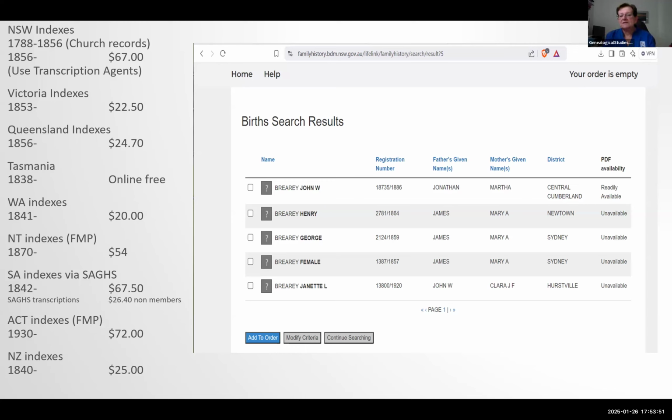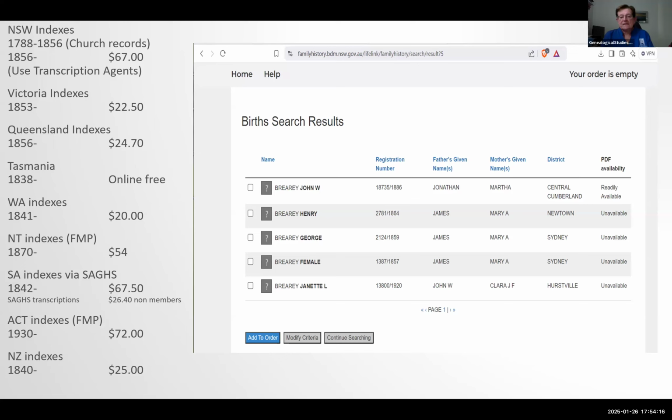You just go to the Tasmanian website and there they are. Also, all of the convict records, all of that online for free. Brilliant website. West Australian, there are indexes for West Australian, and their certificates cost $20.